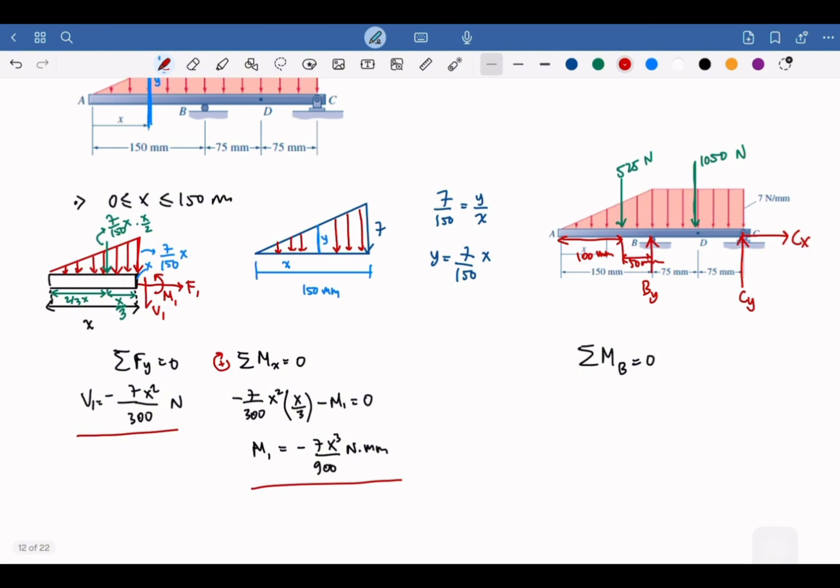Okay, and then taking everything, if this is 0, so negative 525 multiplied with 50, and then plus 150 multiplied with 75, and then negative CY 150 equals 0, and you can calculate and get CY is around 350 Newton.